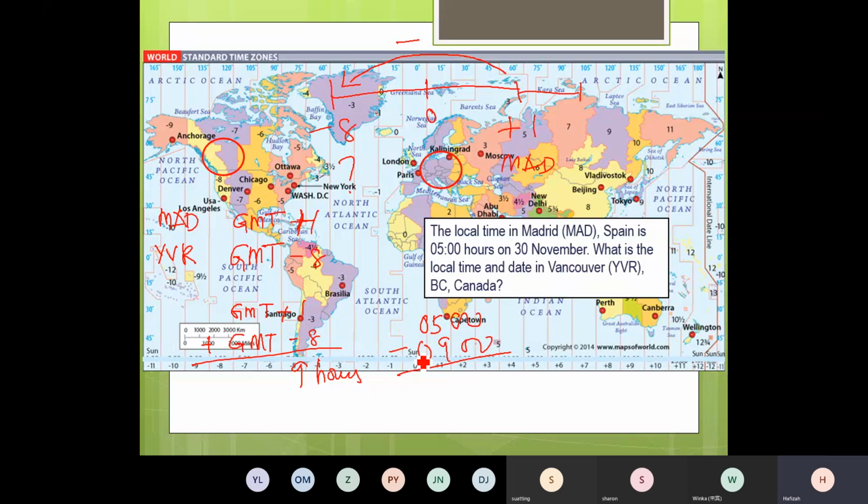Minus straight? Others, can we minus straight? Cannot. So how to do? Can or cannot?